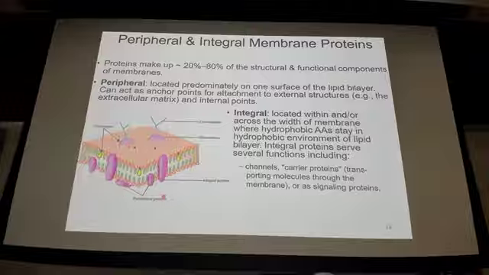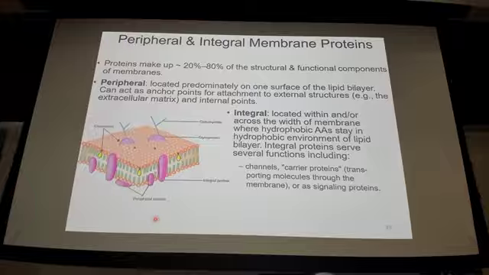And then you have integral proteins, which span the entire cell membrane, and these are typically membrane channels, so they're pores, and they're usually involved in transport of molecules or information from outside to inside the cell.